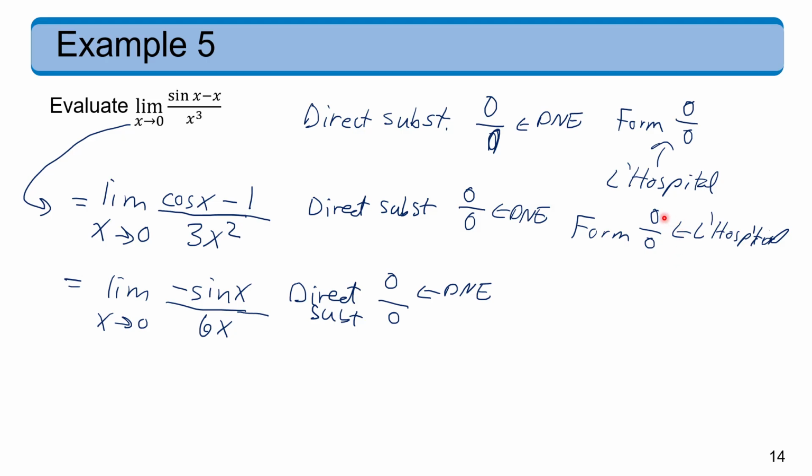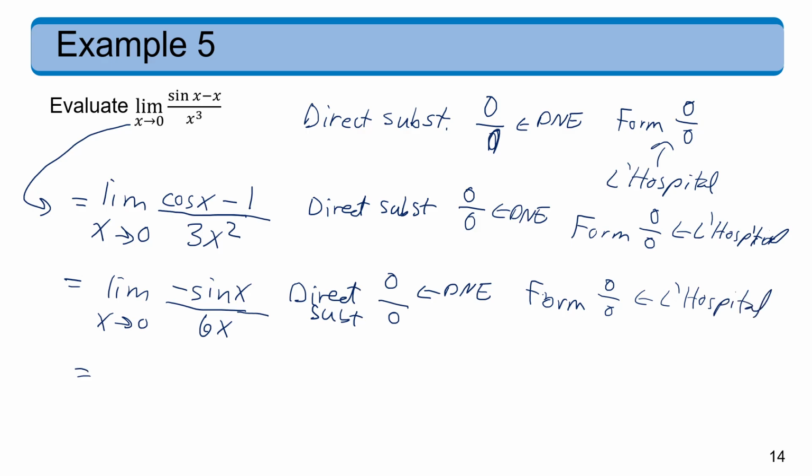Or if we got 0 over 1, that's defined, right? So that limit would be 0. But we're getting indeterminate forms, and it happens to be one of the indeterminate forms where we can use L'Hopital's rule. So same thing, we have this form 0 over 0, which tells us we can use L'Hopital a third time.